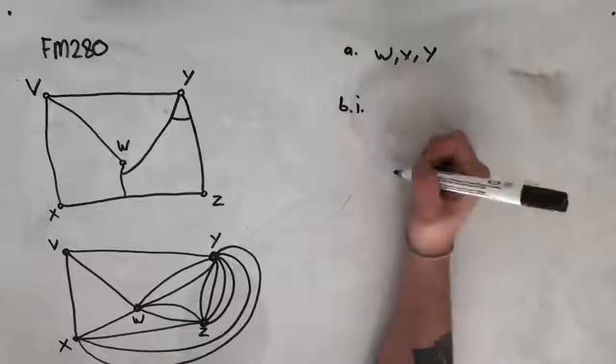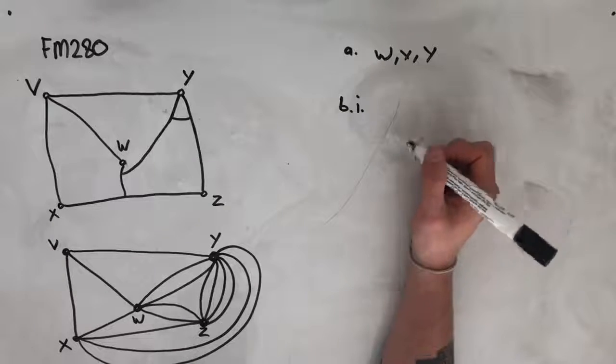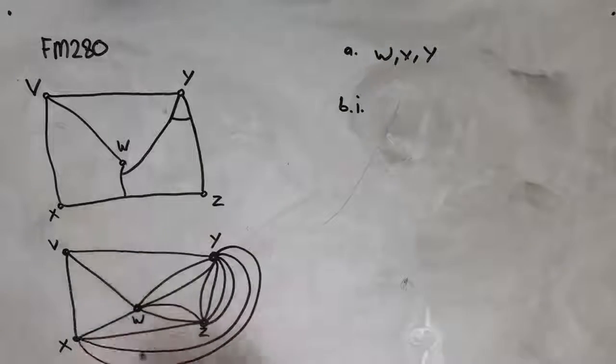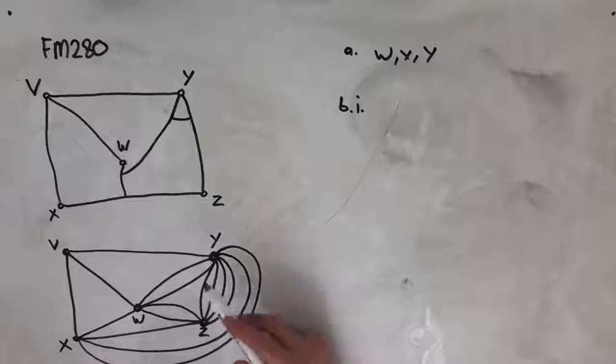So B part I says, between which two vertices is an edge missing? So we're looking at this graph down here, and we're looking for two vertices that have more routes than they have listed.